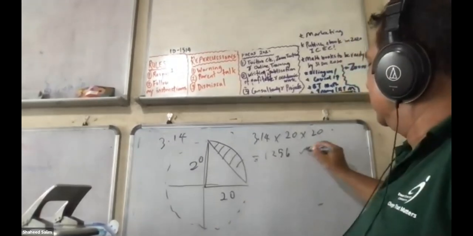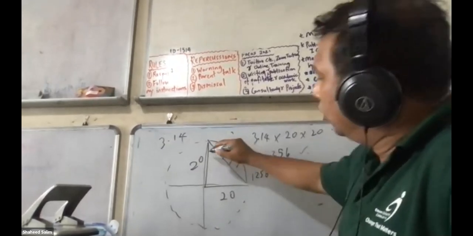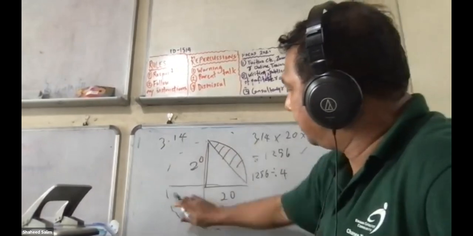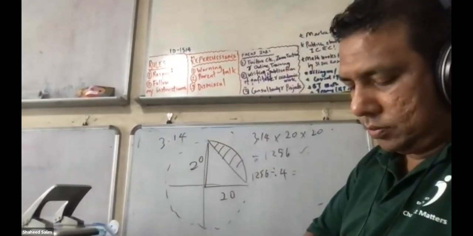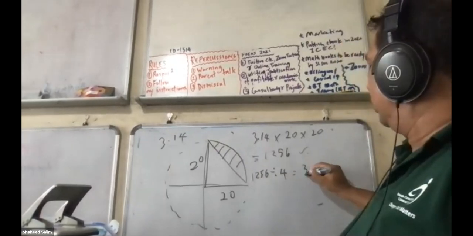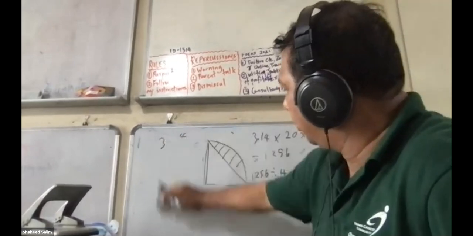Yes, 1256. Now next step, divide by 4. Why divide by 4? You want only a quarter of it. These 3 parts you don't want. So divide by 4. How much do you get? 314. So this whole thing now down here is 314.